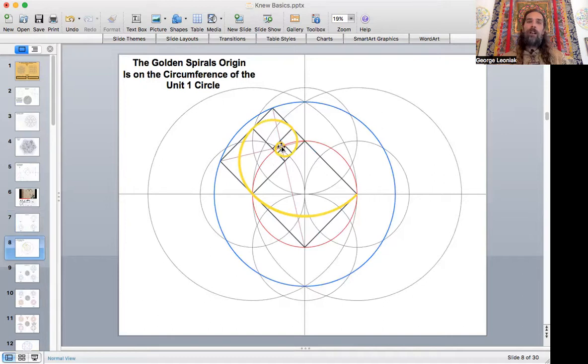It's right on the circumference of this unit 1 circle. This software shows me that this point will be exactly on the circumference of that circle, meaning this spiral's origin is on the 1-inch circle, the 1-inch diameter circle with a 0.5 radius.